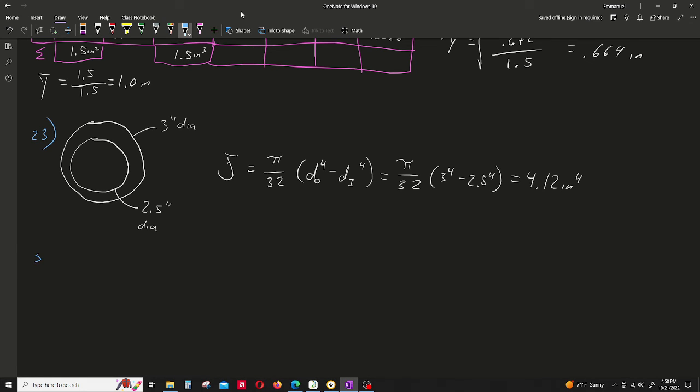31. Oh, there it is. For the cross-sectional area shown, calculate the moment of inertia with respect to the horizontal x centroidal axis. So 31 looks like this. Hopefully I can draw it right. We got this, that, and we got boom, boom, boom.